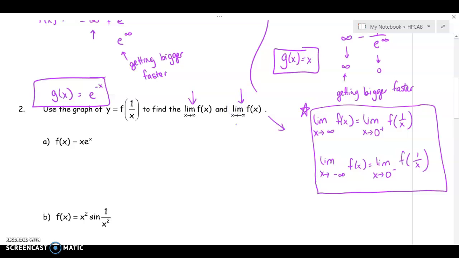When you do these problems, you can do these with the graphs or without the graphs. It just kind of depends on what you have. With A, I'm going to use the graph. B, I'm going to do it without a graph, just so you kind of get the main idea for both. All right.